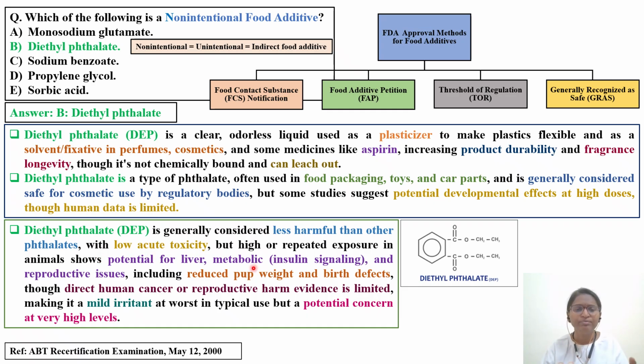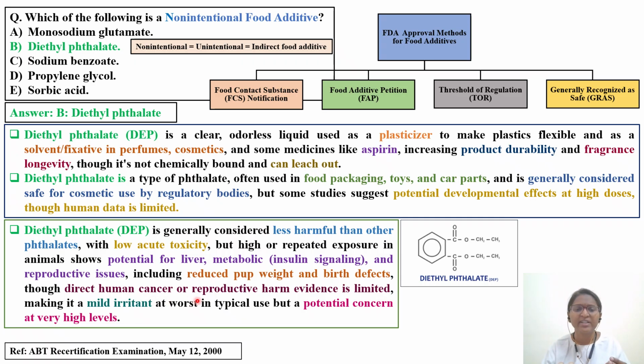For any chemical, you have to read about acute toxic effects and chronic toxic effects. When diethyl phthalate is exposed acutely, it has fewer toxic effects, but over a period of repeated exposure there is a potential concern: it might damage the liver, affect metabolic insulin signaling, and cause reproductive issues, as we have seen, potential developmental effects at high doses, including reduced pup weight and birth defects.